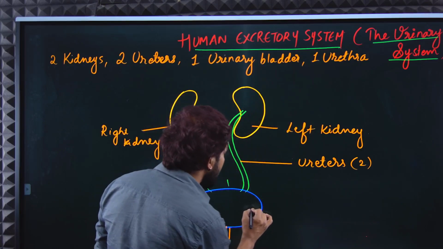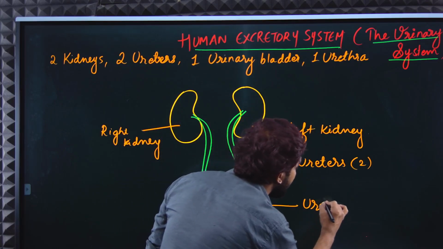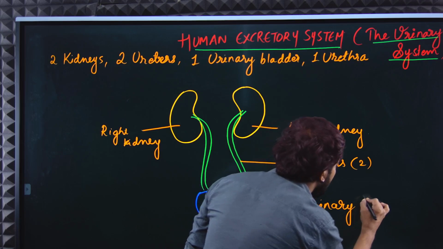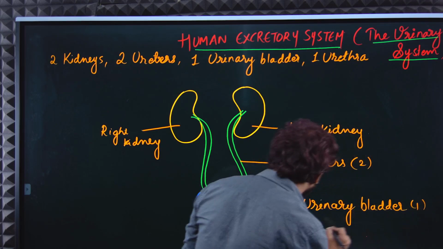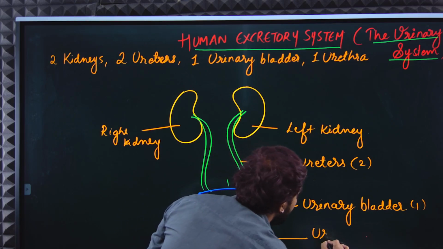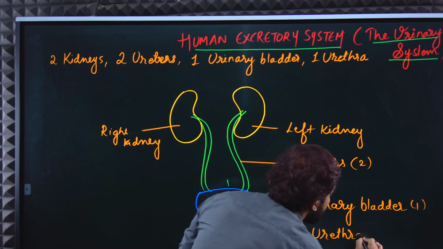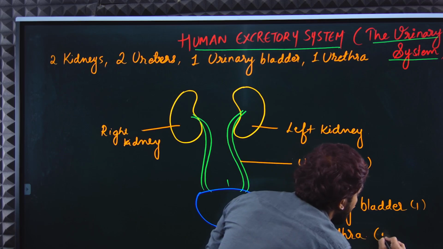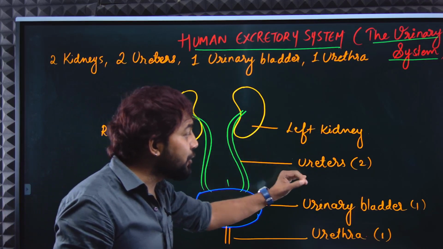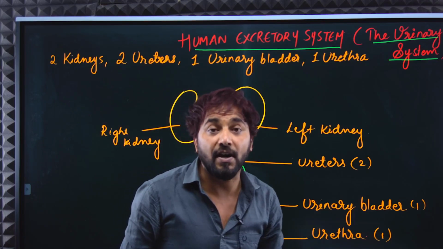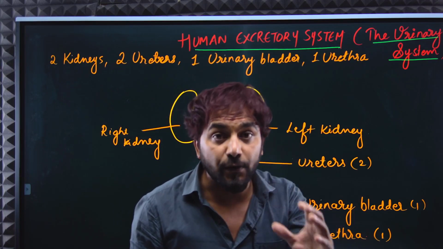Then you have the single one, that is the urinary bladder. And the last component, that is the urethra, also single in number. Right kidney, left kidney, ureters, urinary bladder, and urethra, the components of the human excretory system or the urinary system.